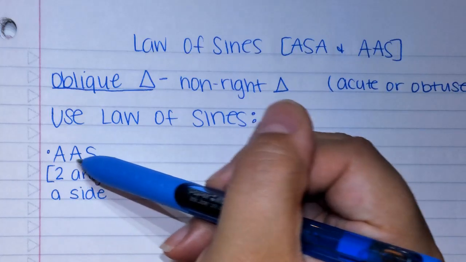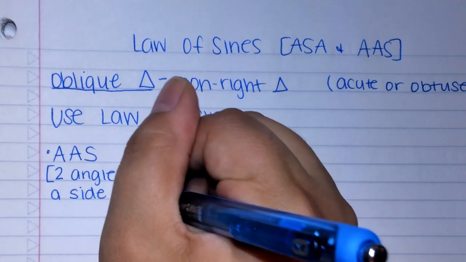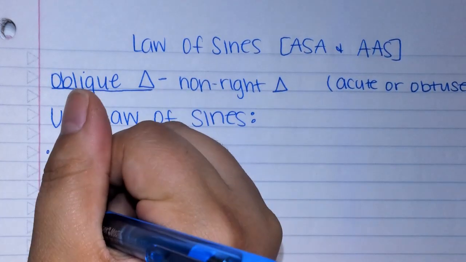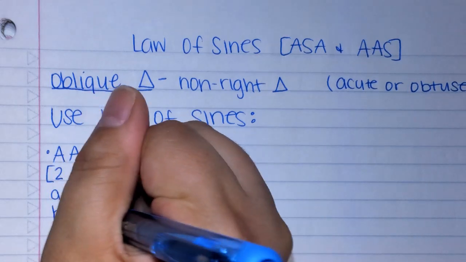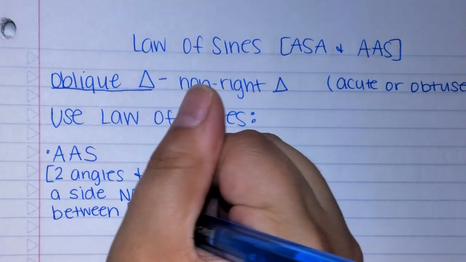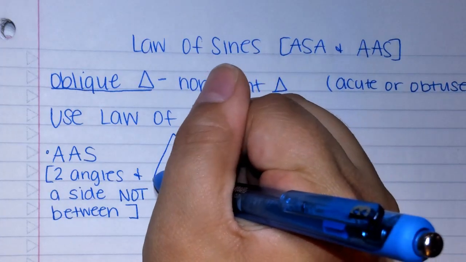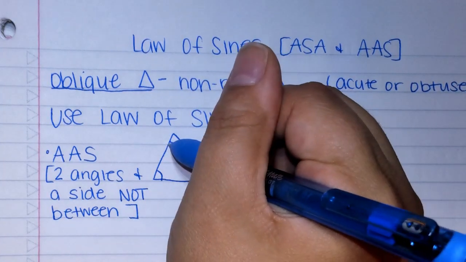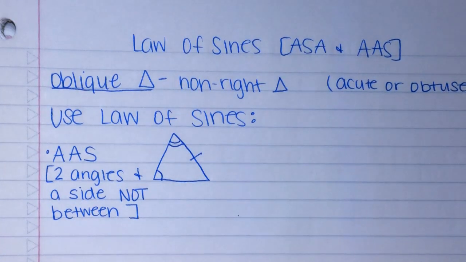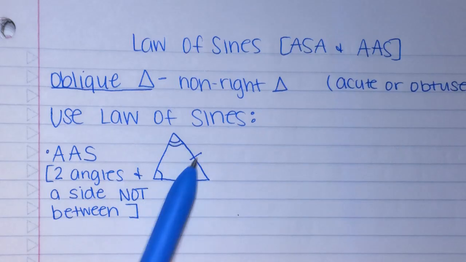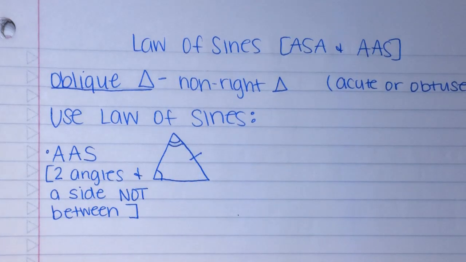Is this S between the 2 A's? Nope. So the side is not between the 2 angles. So you have an angle, another angle, and the side not between it. And honestly, the side could be here or here. It just cannot be between it. And that's what angle, angle, side looks like.